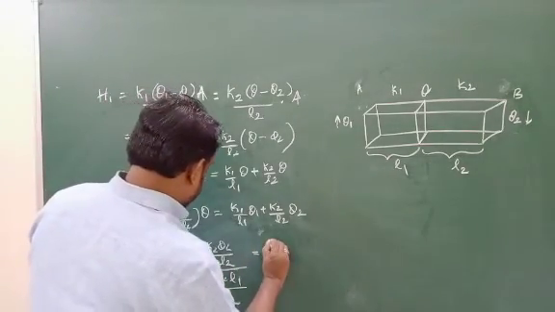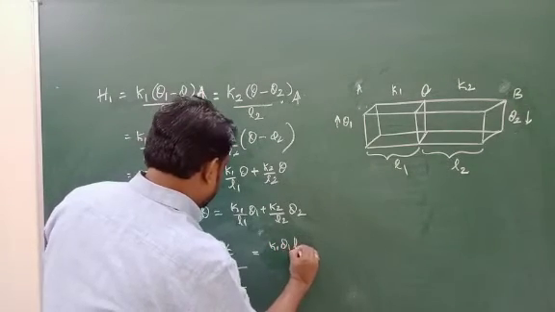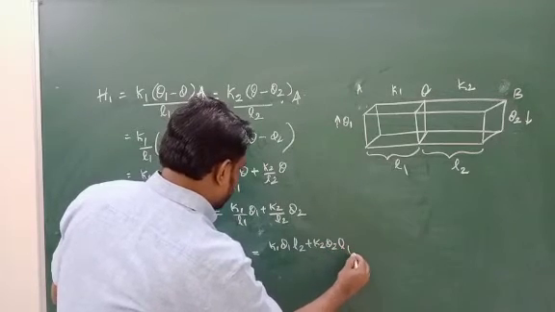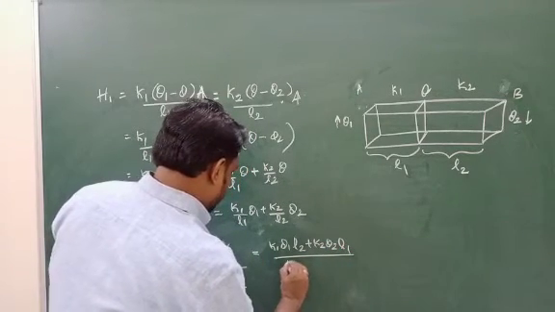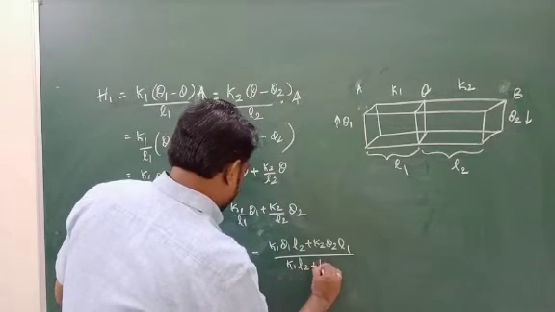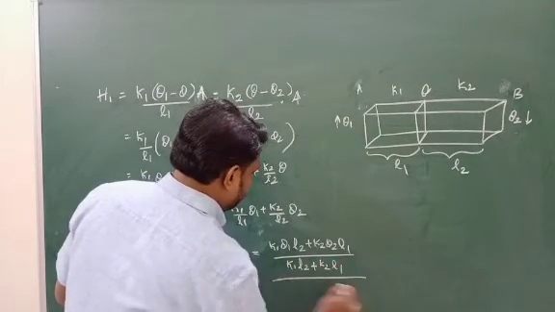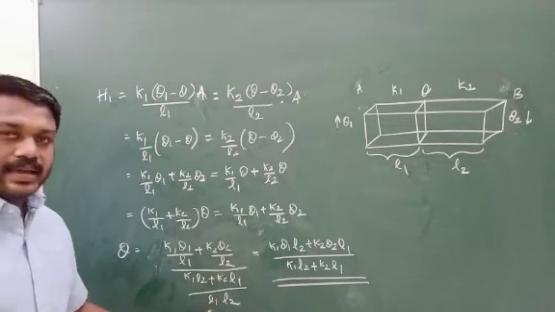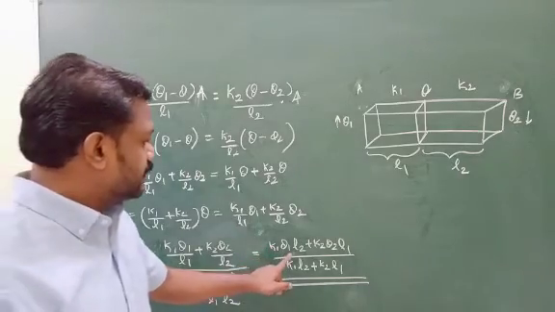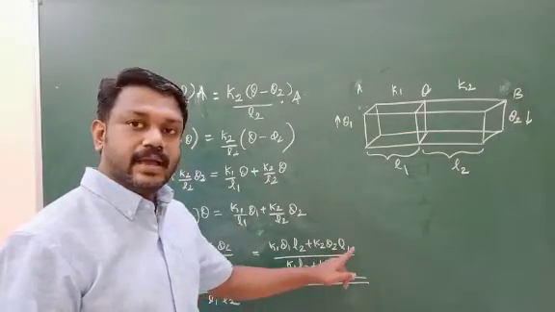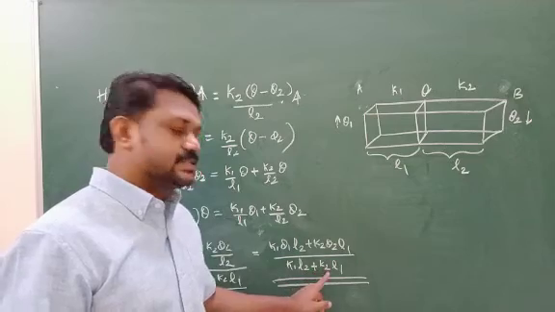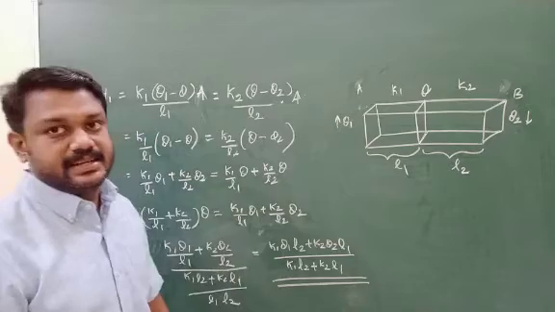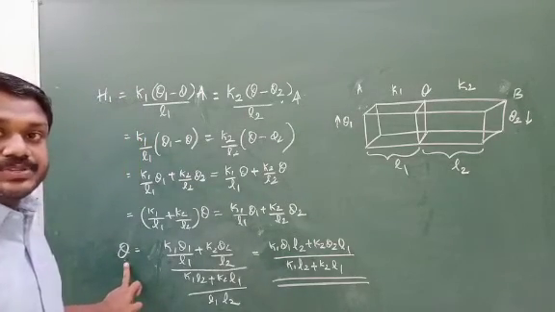So you can get K1 theta 1 L2 plus K2 theta 2 L1 divided by K1 L2 plus K2 L1. L1 L2 is common, so they will cancel off. The remaining term will be K1 theta 1 L2 plus K2 theta 2 L1 divided by K1 L2 plus K2 L1. That is the interface temperature theta.